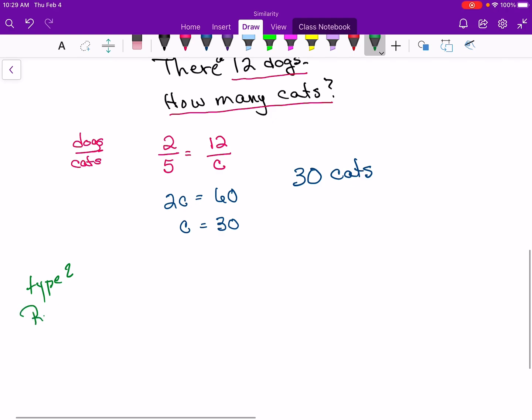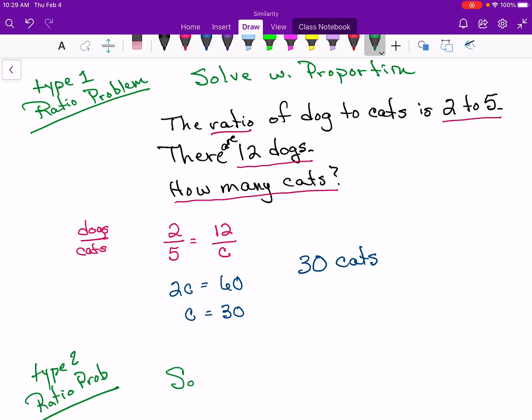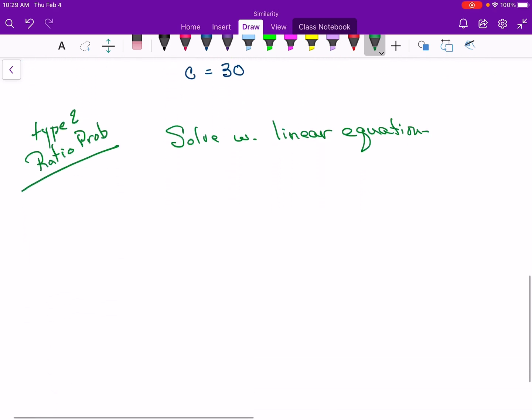Type 2 ratio problem. This one you're going to solve with a linear equation. Proportion will not work. And the big difference here is you will be given a total, rather than one of the pieces. So here's our example.